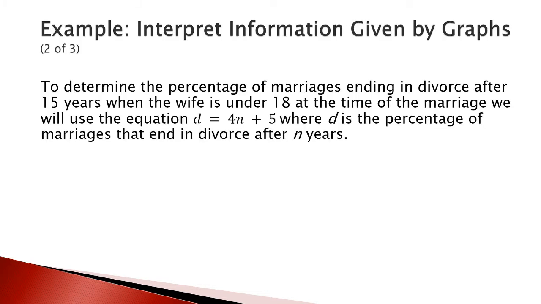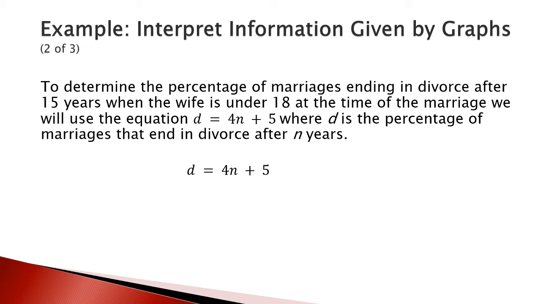So we have the equation D equals 4n plus 5. Here D gives the percentage of marriages that end in divorce after n years. So the question is to find the percentage of marriages when they have given n as 15.